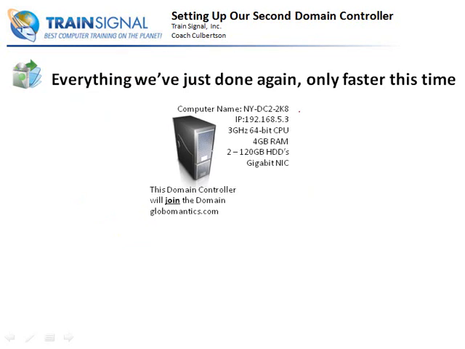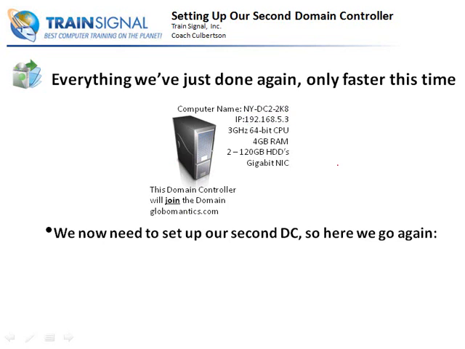Now, of course, New York DC2 isn't named that yet. We have to do an installation of our operating system. Remember, we're going to be doing bare metal installations. This domain controller is going to be joining globomatics.com, not creating it. The hardware is identical. We just need to make some configuration option changes in the ICT, and we're going to be good to go to actually set up our DC. So here we go again.